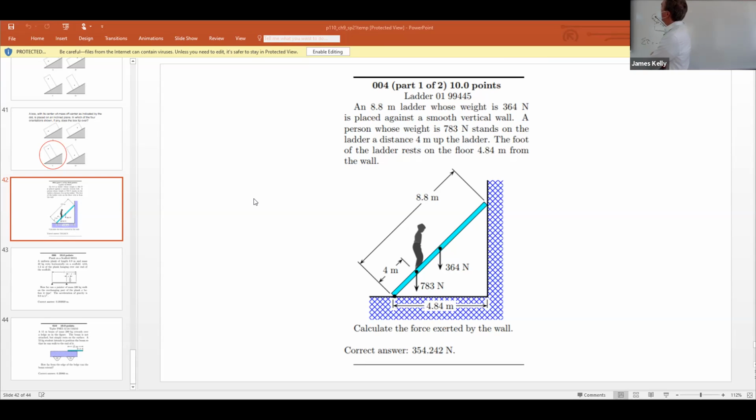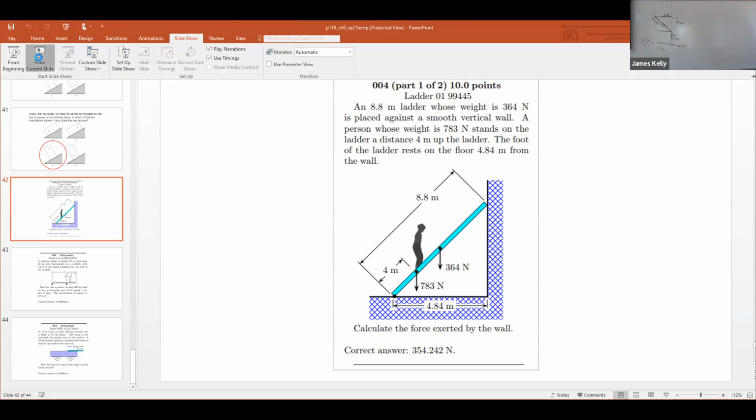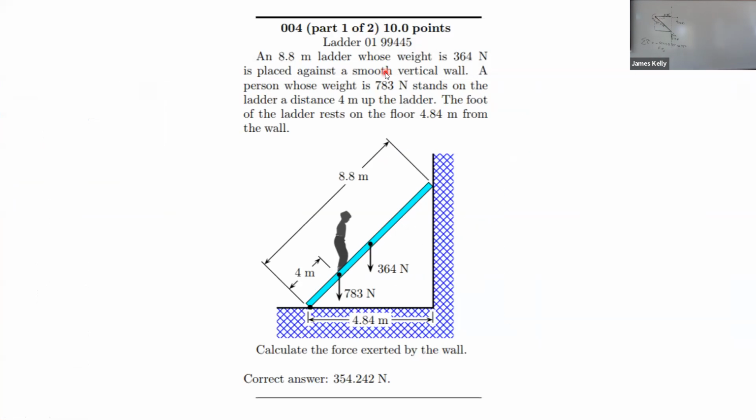Now we've got to read carefully here. The first sentence says, a ladder whose weight is 364 newtons is placed against a smooth vertical wall. And smooth is supposed to be indicating that it's frictionless.